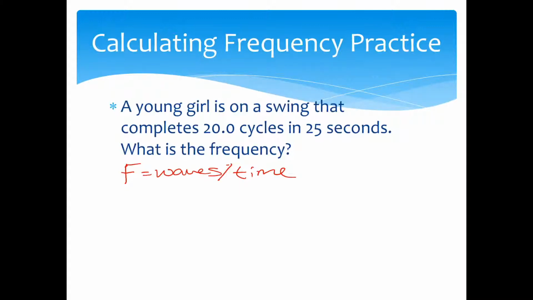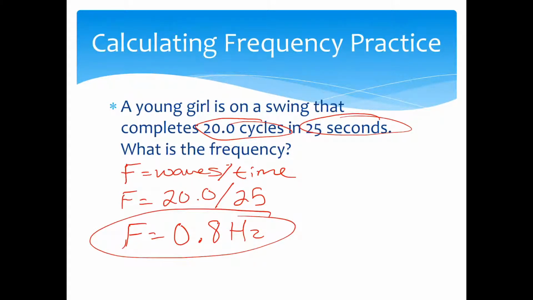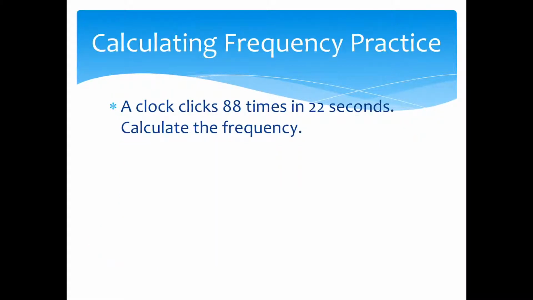If we use this equation, our waves are the 20 cycles and our time is the 25 seconds. So we're going to set it up as 20 divided by 25. If you plug this into your calculator, you should get 0.8 hertz. So the frequency of this swing is 0.8 hertz. All right, let's try one more.